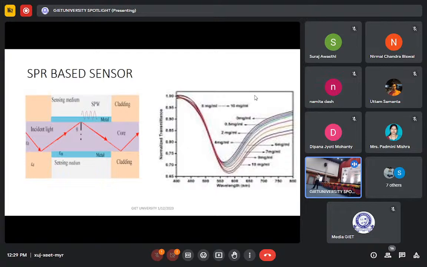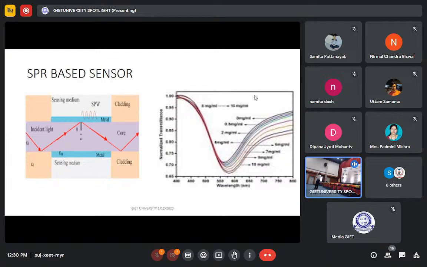You know that an optical fiber is made up of basically a core surrounded by cladding. Of course, other layers are there. The main layers of the optical fiber are a core surrounded by cladding. Mainly the light travels in the core of this optical fiber, but there is also some light which is present in the cladding.